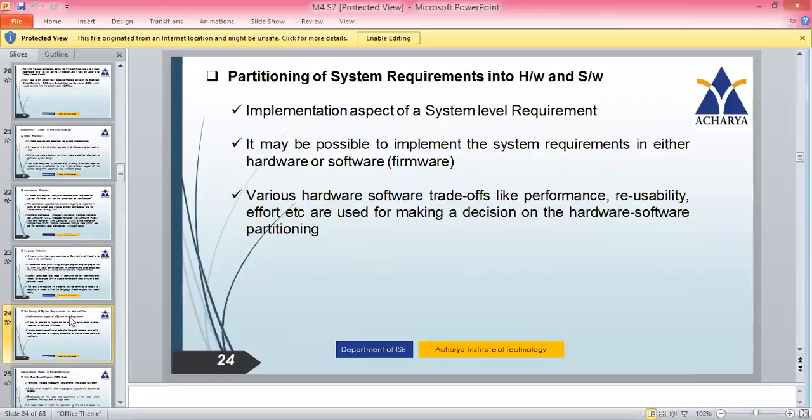Now coming to partitioning of system requirements into hardware and software. Now the question comes whether to opt for hardware or software. So here it is the implementation aspect of a system level requirement. This usually comes at the implementation level. It may be possible to implement the system requirements in either hardware or software.